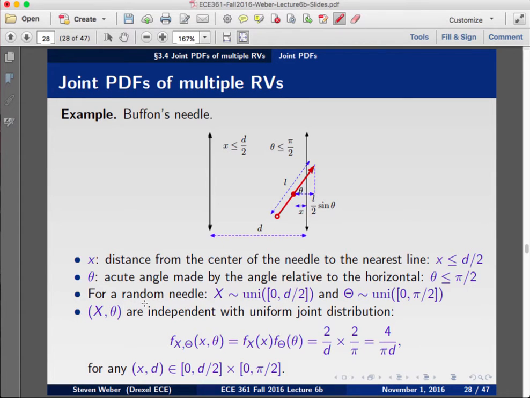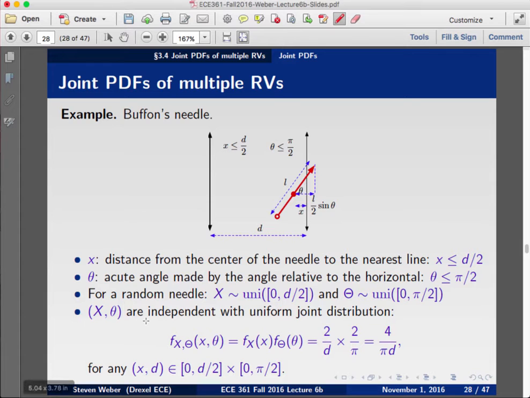And so if the needle is truly random, then its distance from the nearest line is uniform over the support 0 to d over 2, and the angle it makes is also uniform over its support 0 to pi over 2. And furthermore, the distance x and the angle theta are themselves independent.